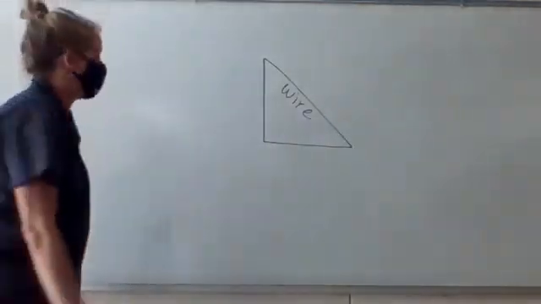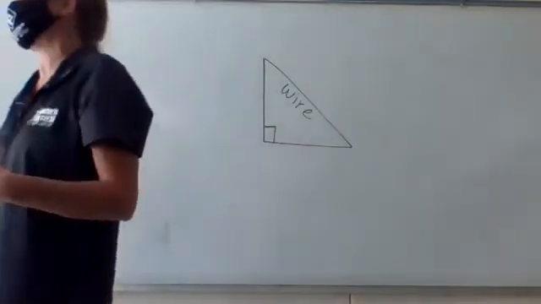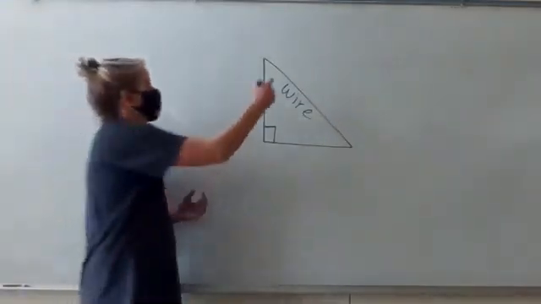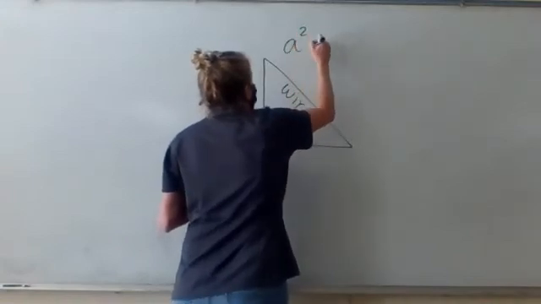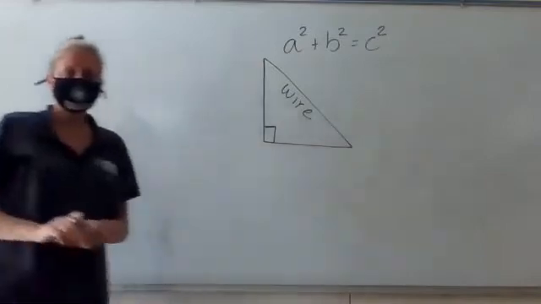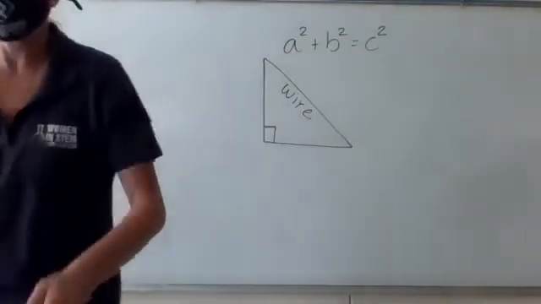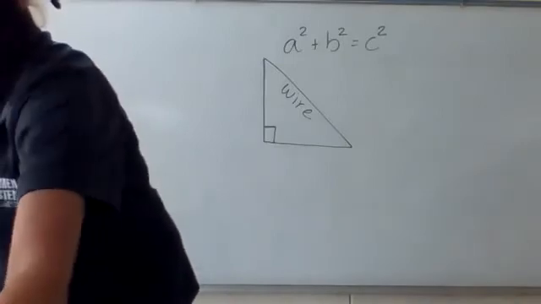So the shape of that would make a right triangle, and then this problem just assumed that you knew that when you're dealing with right triangles, you would know the Pythagorean Theorem, which is a squared plus b squared equals c squared.